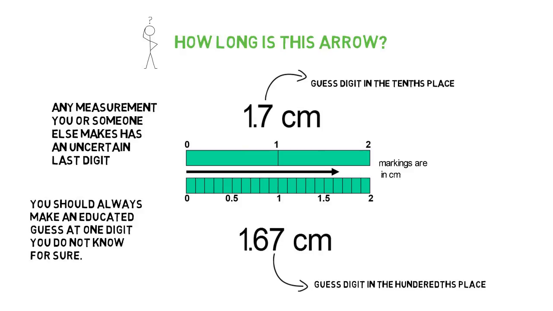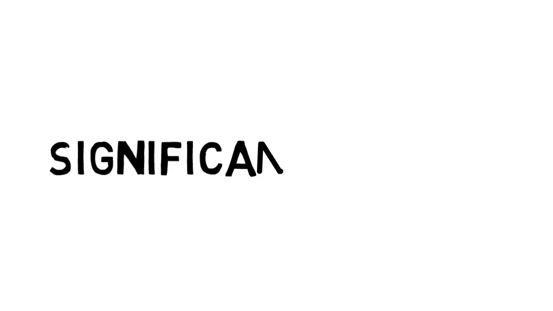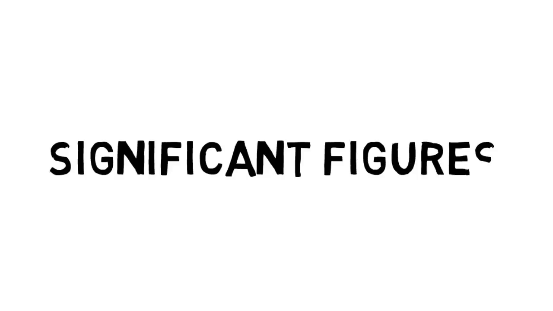You usually know within plus or minus 1, so we know that the first measurement is between 1.6 and 1.8, and we're guessing that it's 1.7. So we said that this measurement device had an impact on the number of significant figures in our number. Now let's take a look at what a significant figure is.